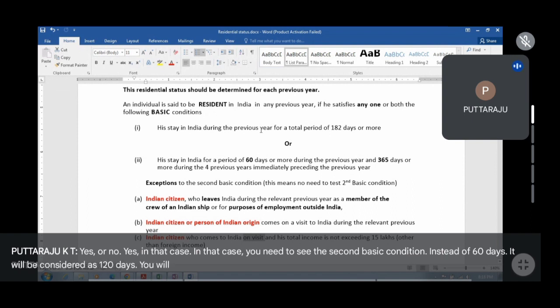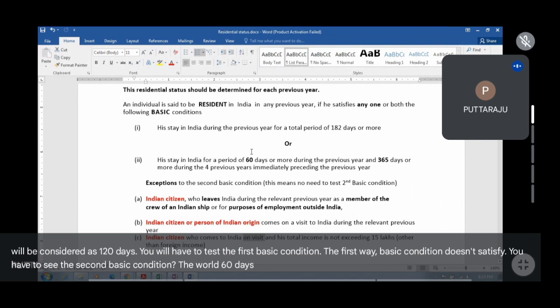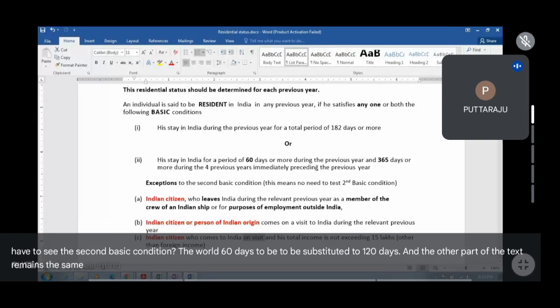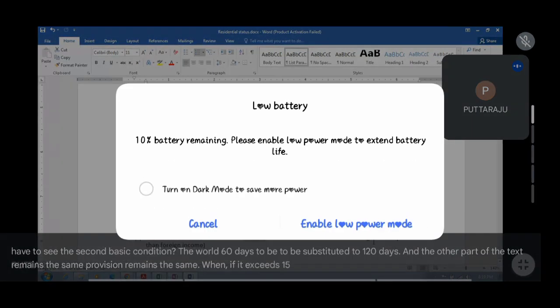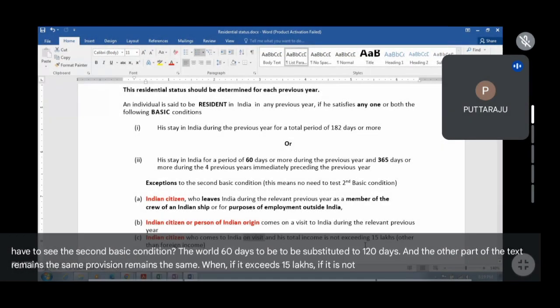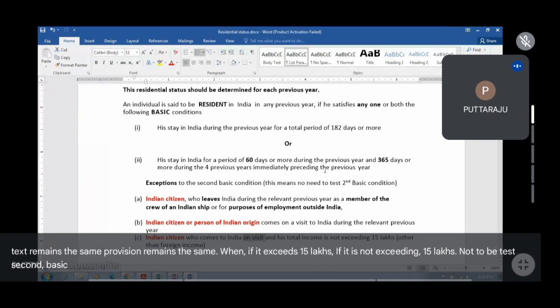You test the first basic condition. If the first basic condition isn't satisfied, you have to see the second basic condition. The word 60 days is to be substituted with 120 days, and the other part of the provision remains the same. When? If it exceeds 15 lakhs. If it is not exceeding 15 lakhs, do not test the second basic condition, only the first basic condition is to be tested.